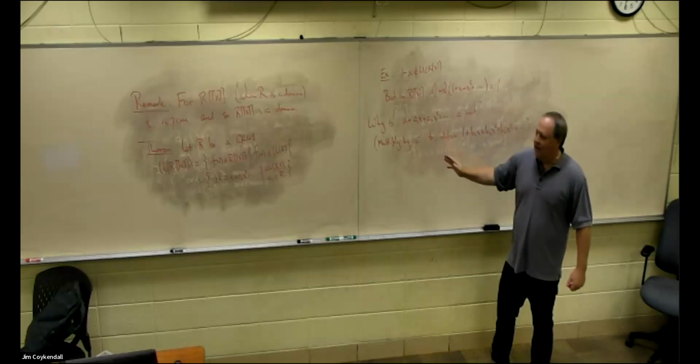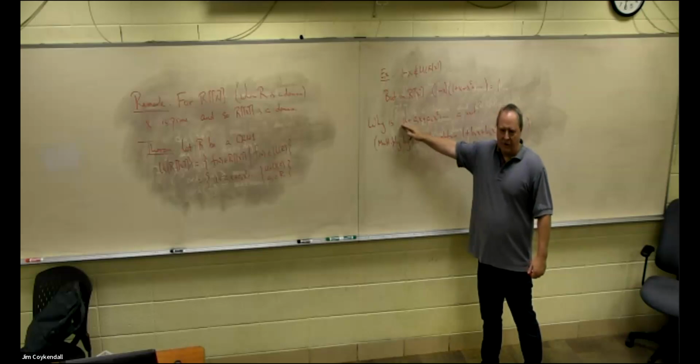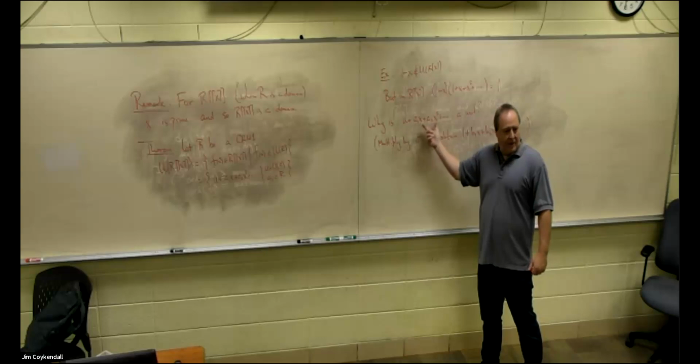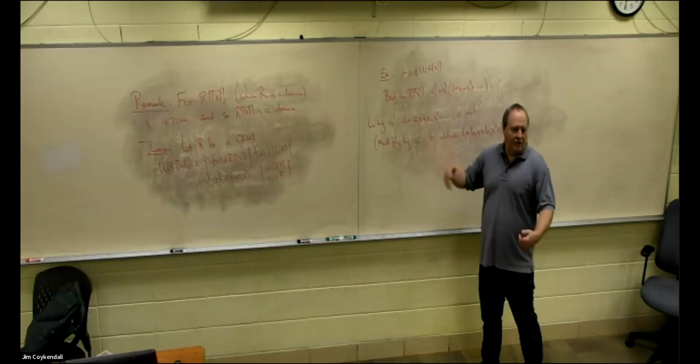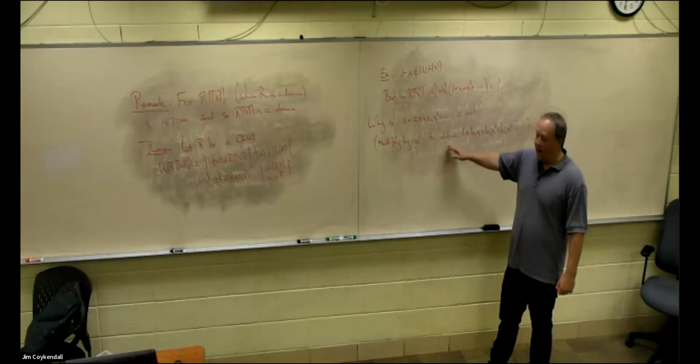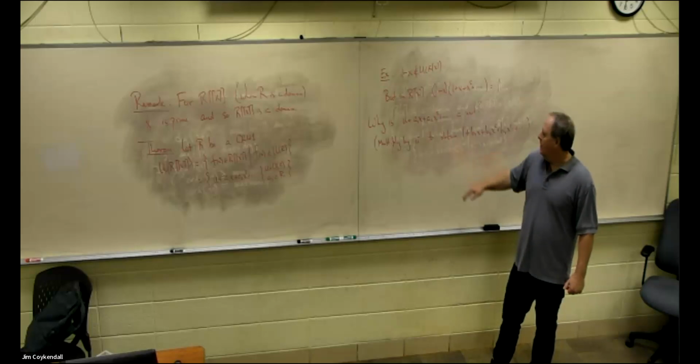So I can make my life easier by multiplying this by u inverse. And if what I get is still a unit, then all I have to do is unwrap my package. Everybody clear on that?